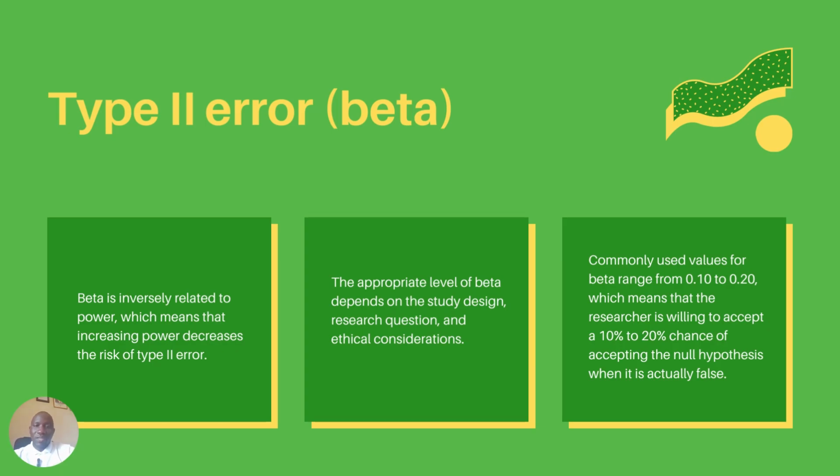The beta values that are commonly used are 0.10 and 0.20. When you do that, in simple English, it means that you are willing to accept either a 10% or 20% chance of accepting a null hypothesis when it is actually false.